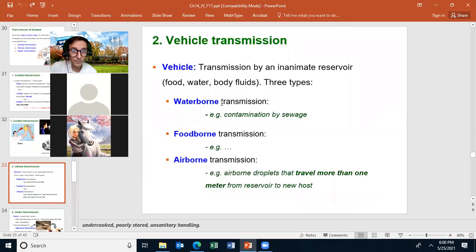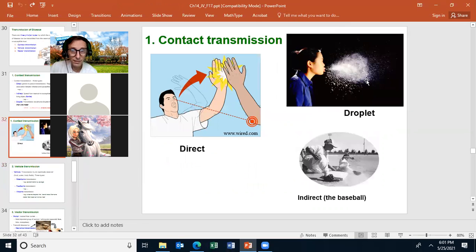It is vehicle transmission, which is where I am never going to test you on the difference between airborne transmission and droplet transmission, because personally I think this is a little bit arbitrary. After 1 meter it's airborne, before 1 meter it's droplet, and it comes from the same sneeze.